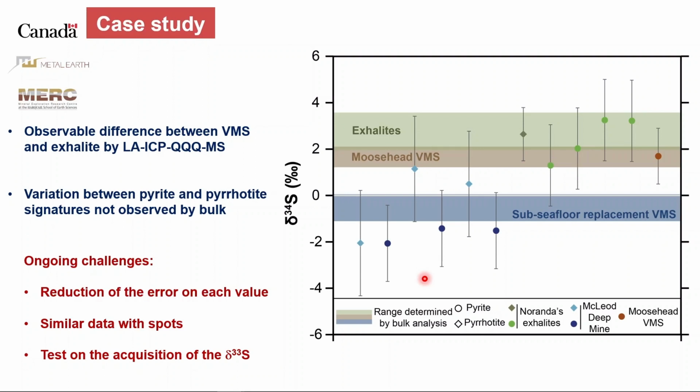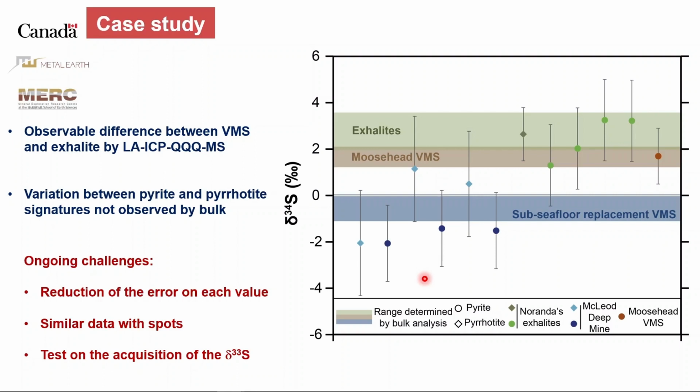Can you use one standard for all your sulfides, or do you have to matrix match for the different ones? No, we use matrix match so far because some previous studies show that it's better to use matrix match, but we didn't try yet to use one isotopic reference material.